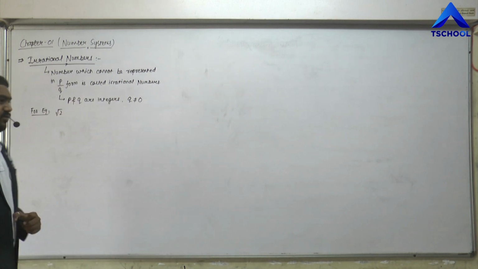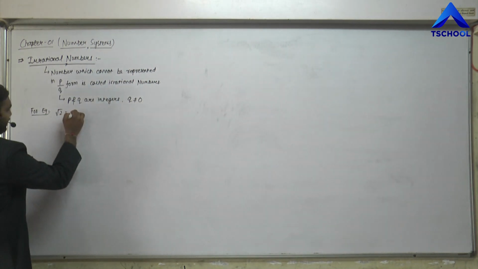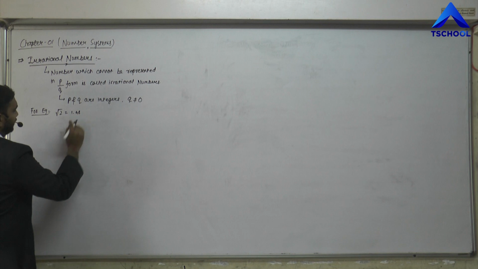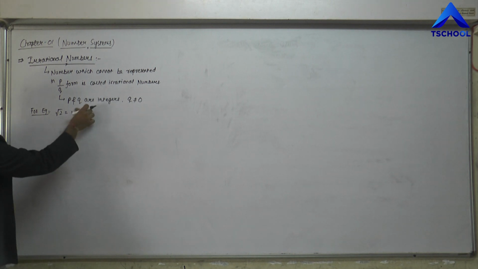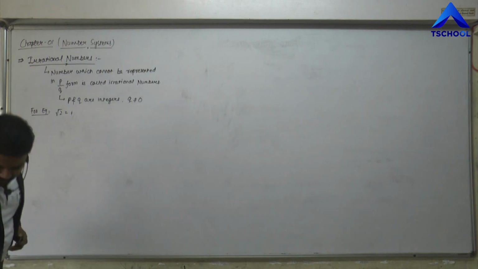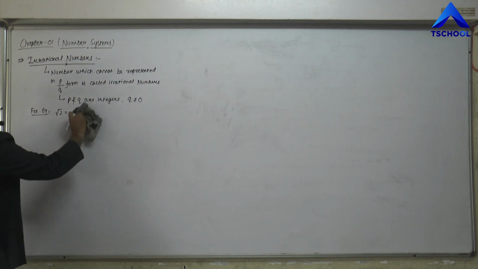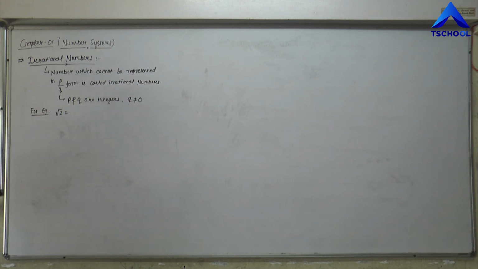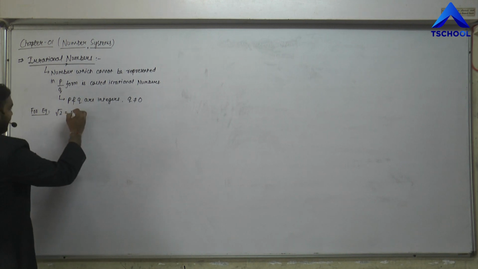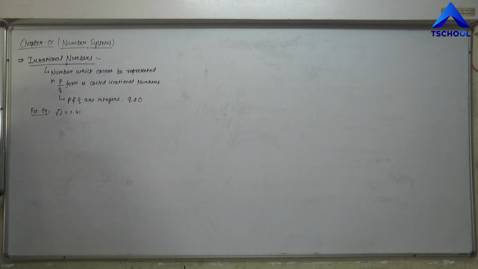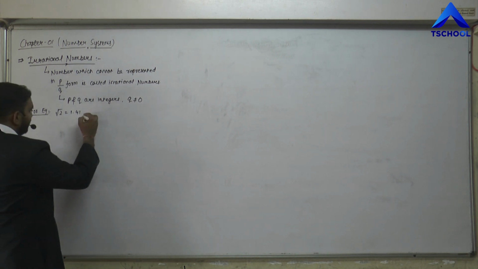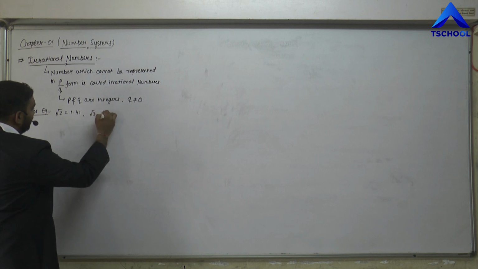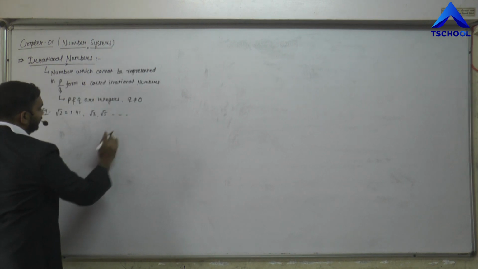So the value of root 2 we know is 1.41, but actually this value is a non-terminating number. Note that, friends. This value is a non-terminating number. That means the numbers which never terminate are being classified in the category of irrational numbers. Let me say, for example, root 3, root 5 and so on, right?